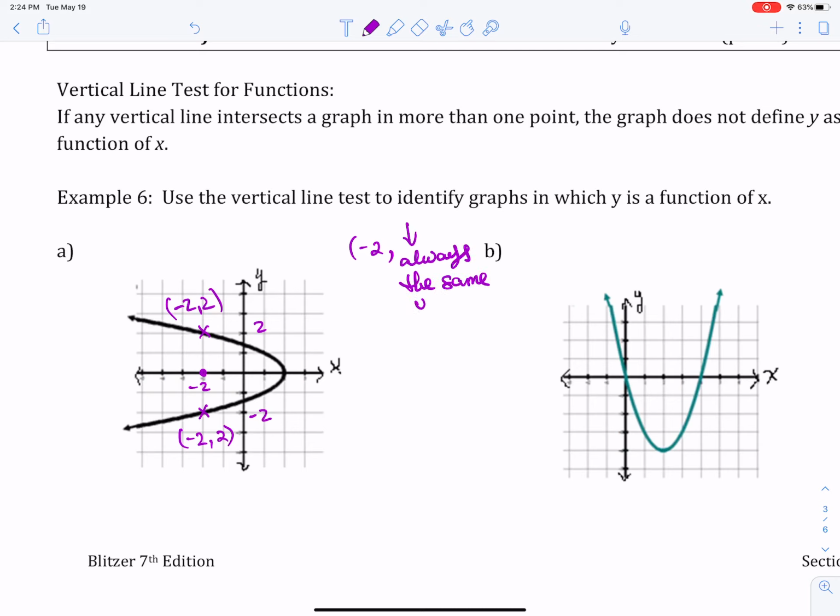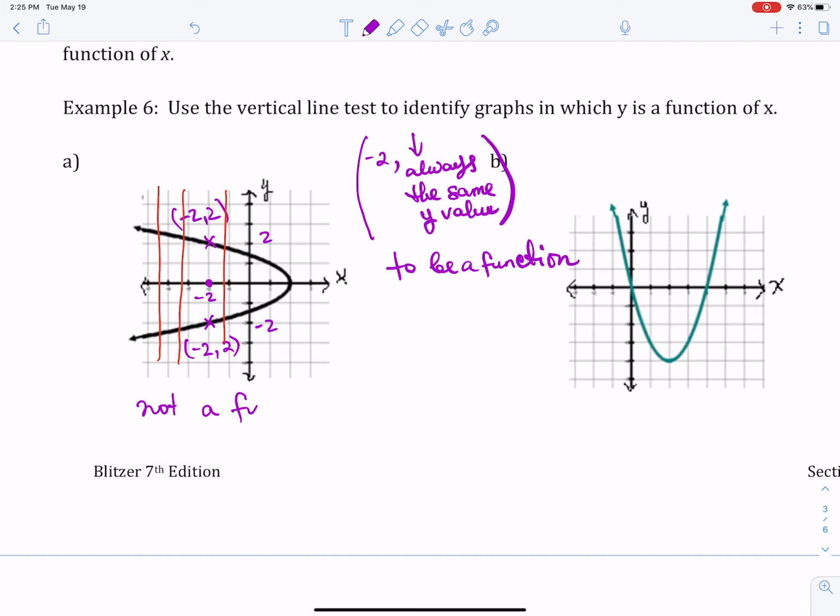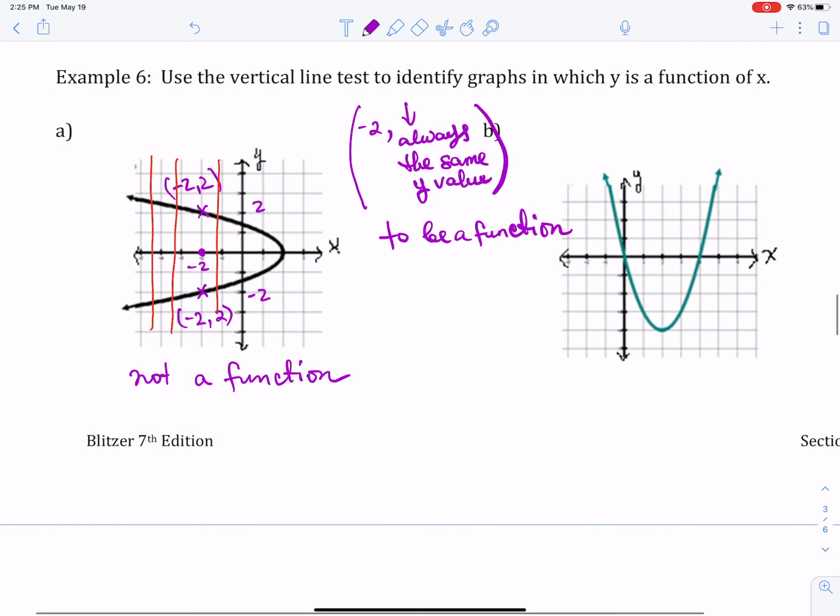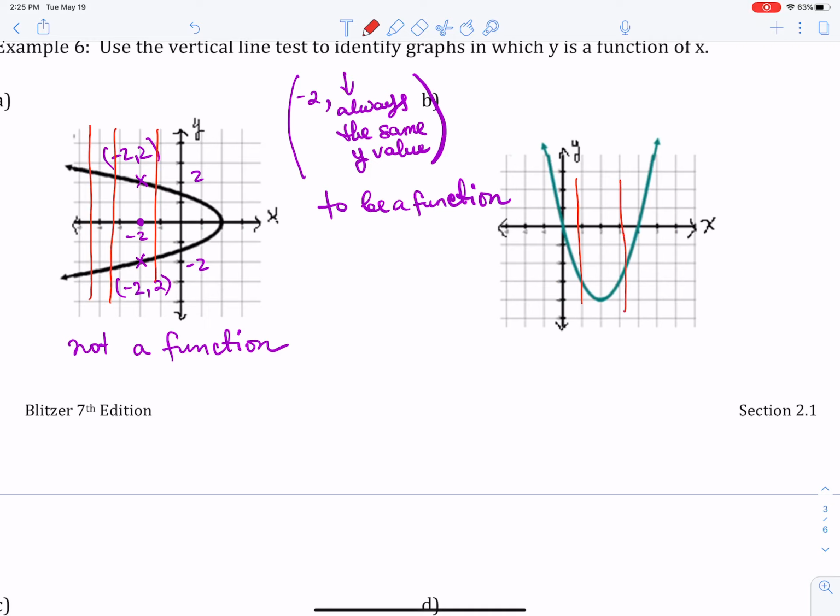So that's going to be not a function. Versus the second case, wherever I put my vertical lines, I see that they always cross the graph at exactly one place, which means this is a function.